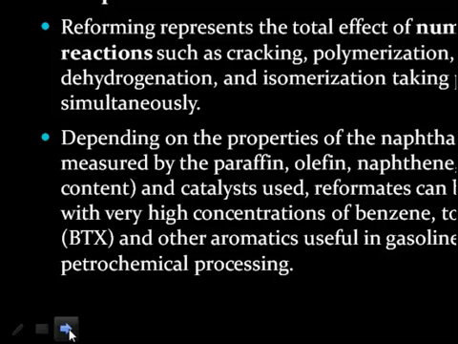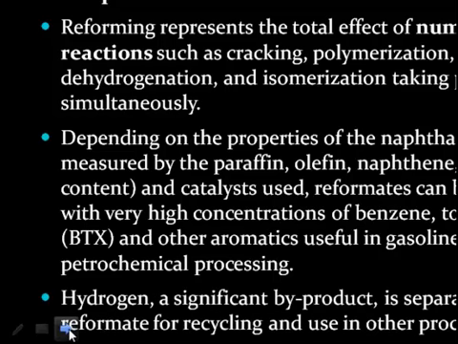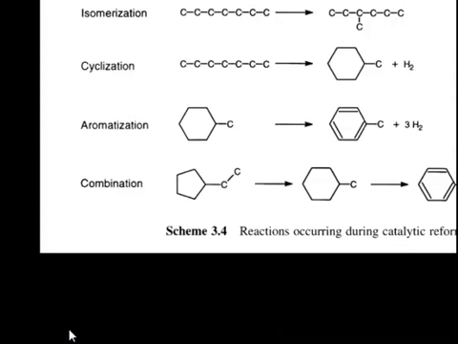Reformates can be produced with very high concentrations of benzene, toluene, xylene and other aromatics useful in gasoline blending and petrochemical processing. Hydrogen, a significant byproduct, is separated from the reformate for recycling and used in other processes.